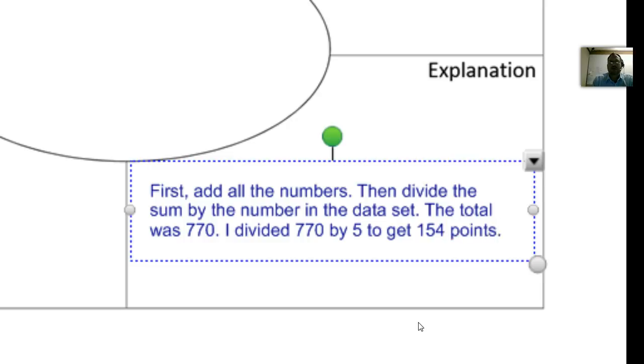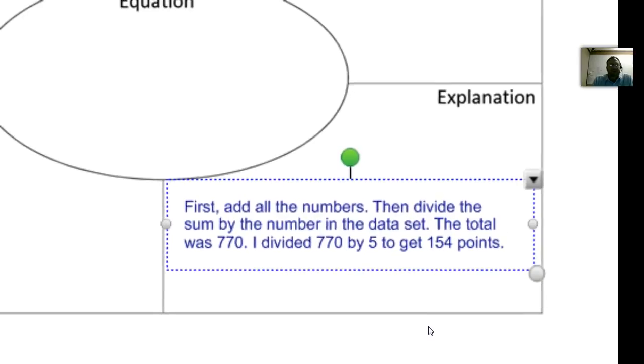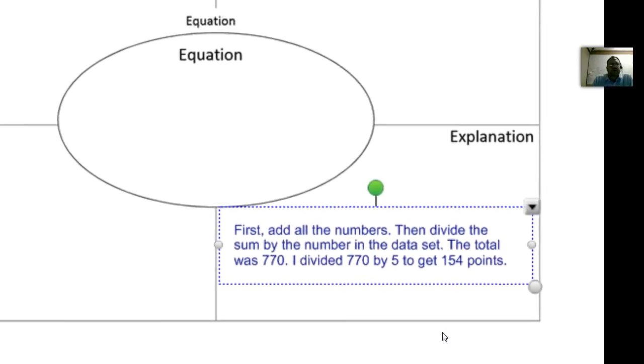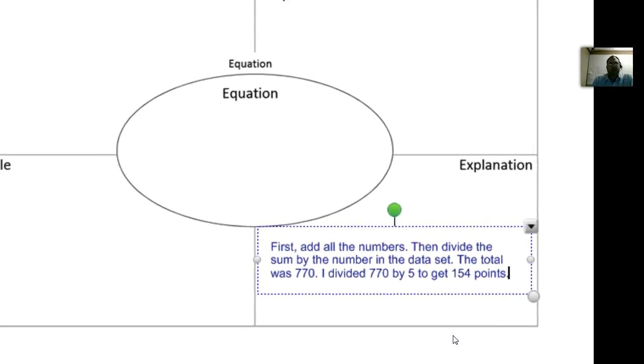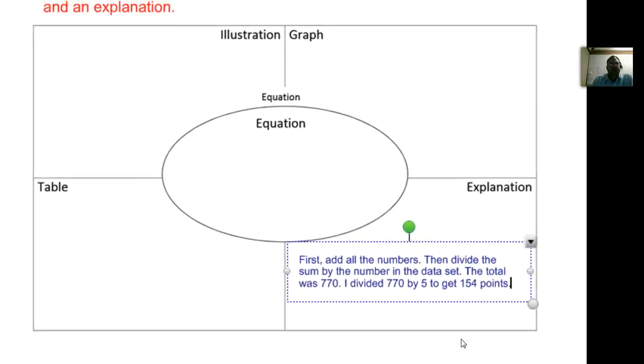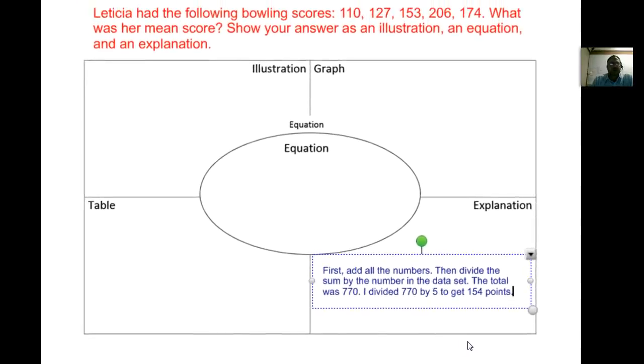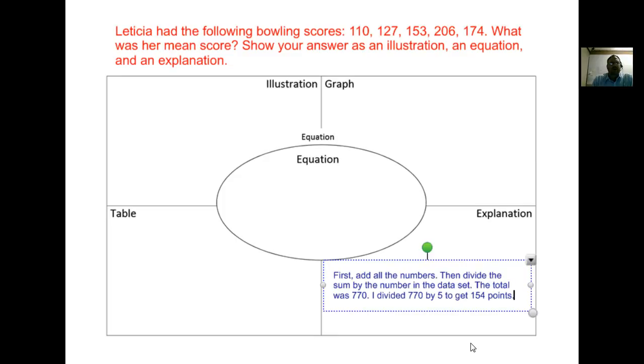So her score was 154 and her average score was 154. Watch this video as many times as you need to find the mean of the numbers. What we have to do is add them all up and then divide by however many we have in our data set.